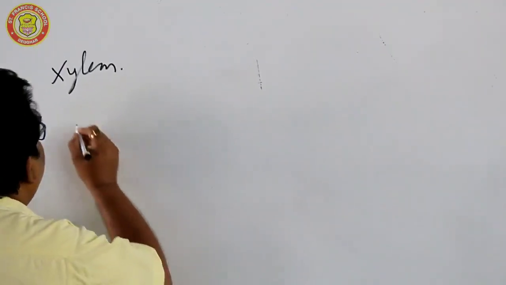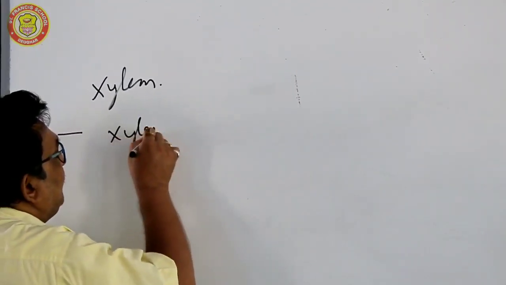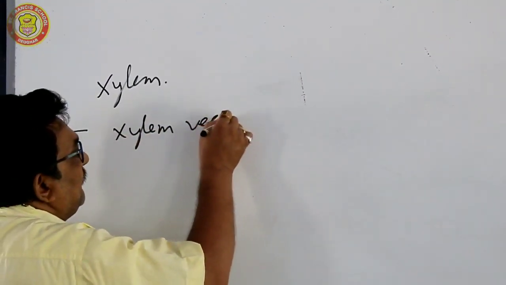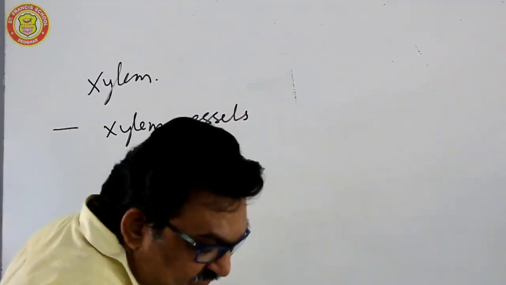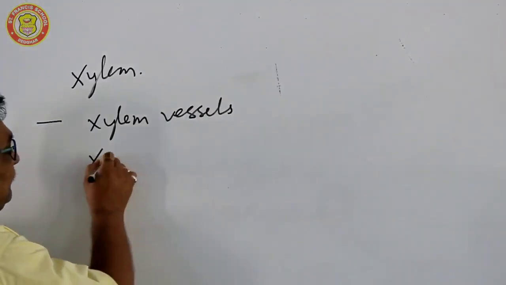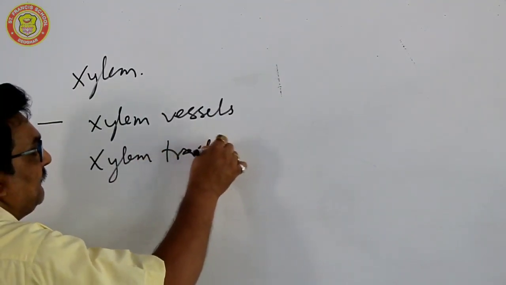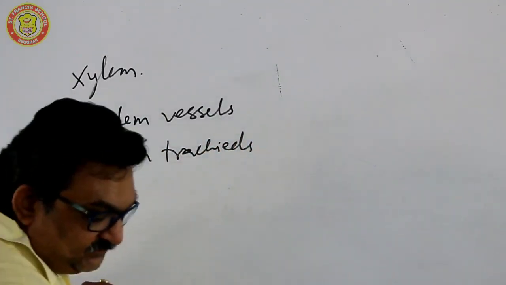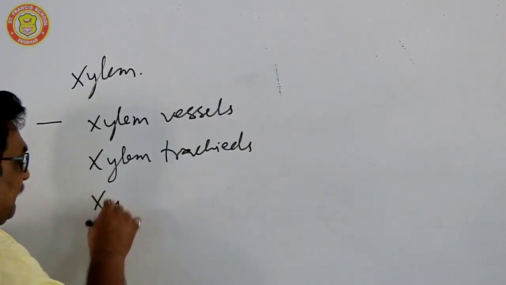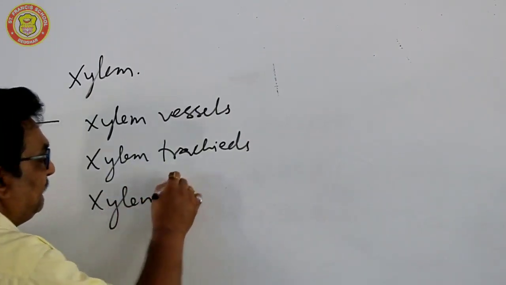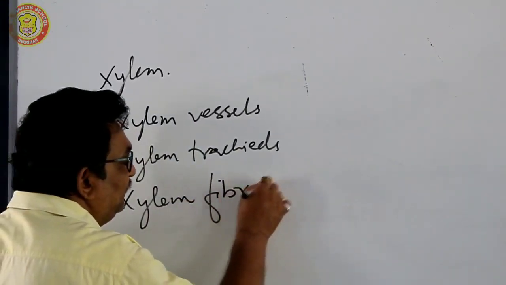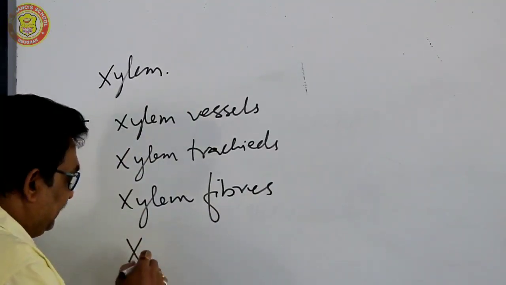They are mainly xylem vessels, xylem tracheids, xylem fibers, and xylem parenchyma.